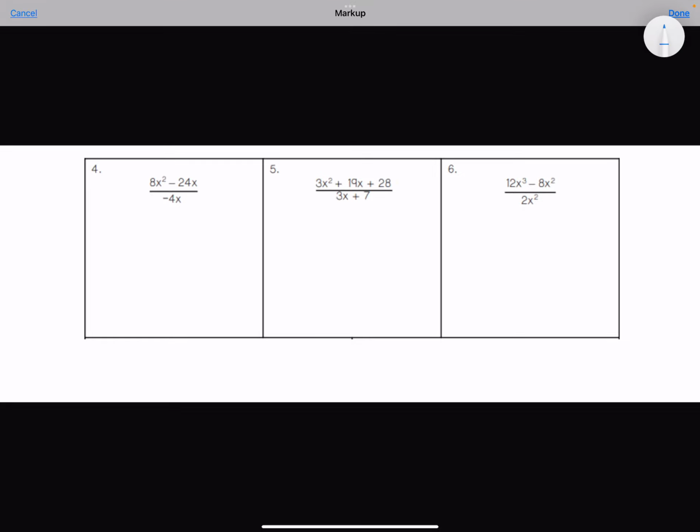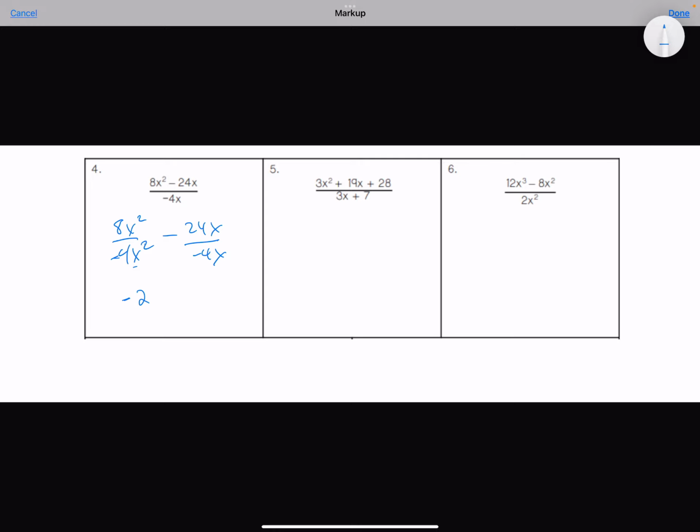And I have no problem with you using the trick of, if you're dividing by a monomial, break it apart. So I've got 8x squared divided by 4x squared is negative 2.